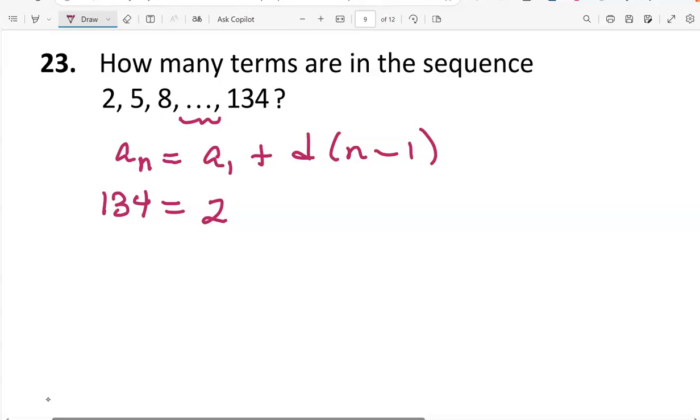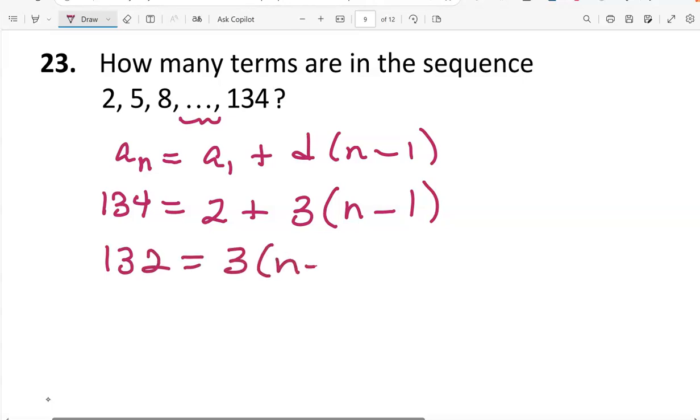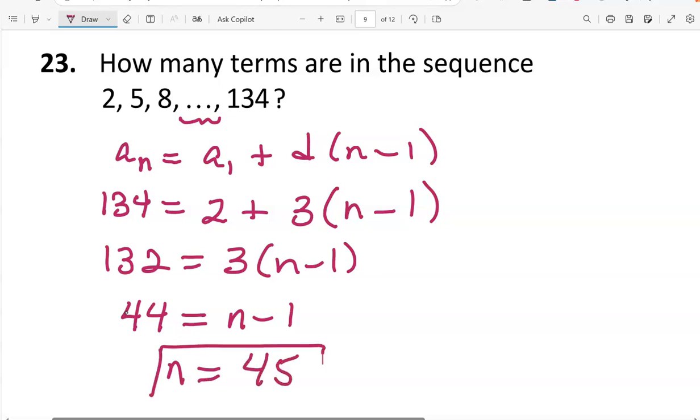A sub 1 is 2, and we can see that 2 plus 3 is 5, 5 plus 3 is 8, so our common difference is 3, given that this is an arithmetic sequence. Subtracting 2 from both sides, 132 is equal to 3 times n minus 1. And so, dividing by 3, 44 is equal to n minus 1, so n is equal to 45. So that last term is the 45th term, which means there are 45 terms in the sequence.